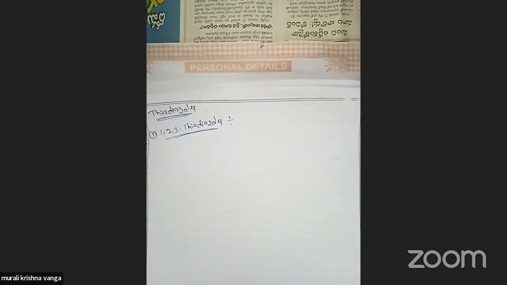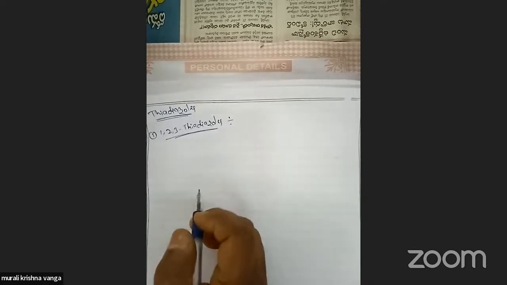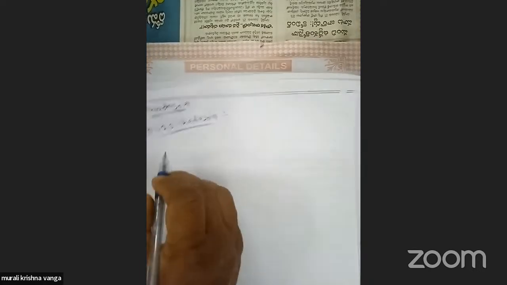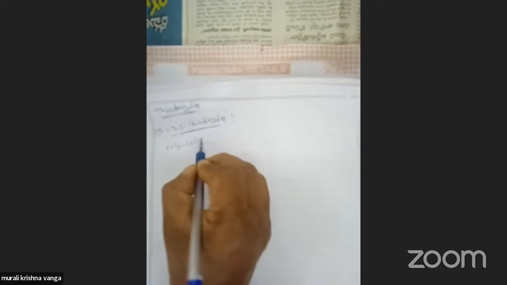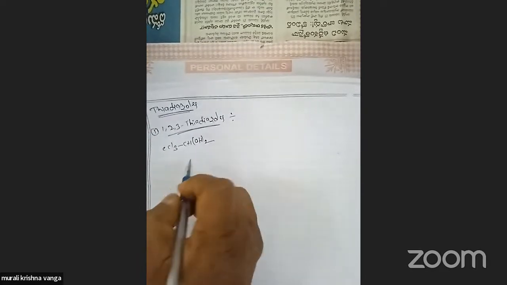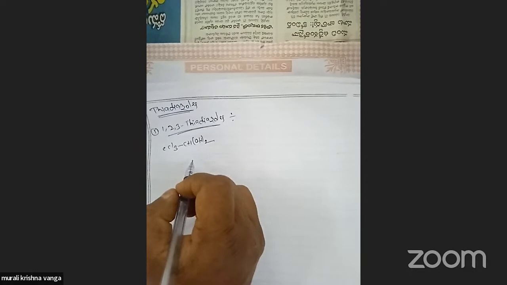For synthesis of these 1, 2, 3 thiadiazoles, chloral hydrate is taken. Chloral hydrate, that is CCl3CHOH.